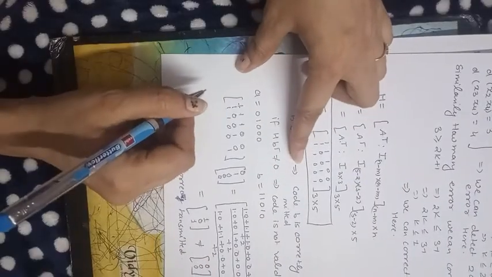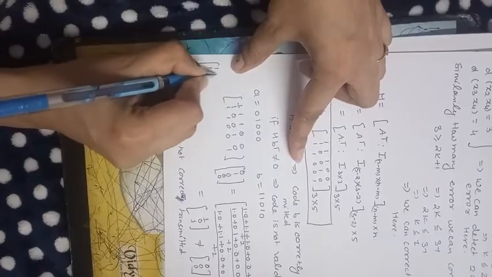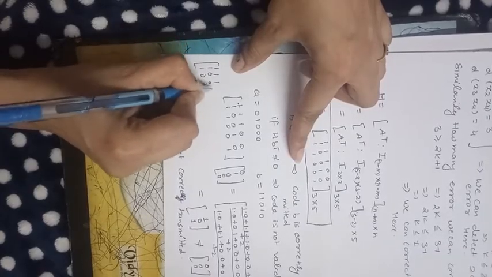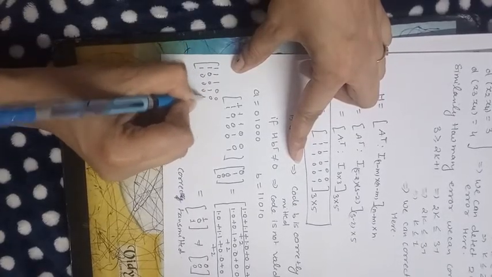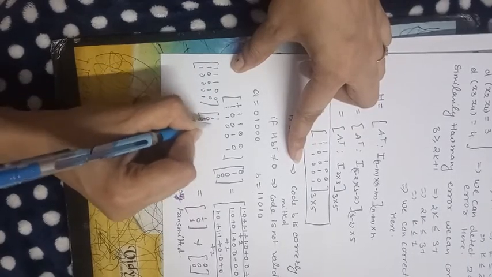Let me check. This code B is here only. H is 1 1 1 1 0, 0 1 0 0 0, 1 0 0 0 1 and multiply by 1 1 0 1 0.